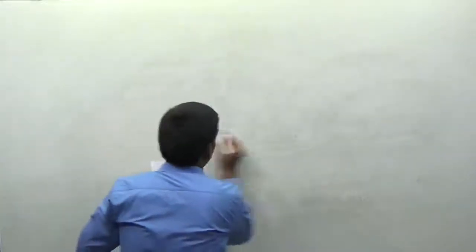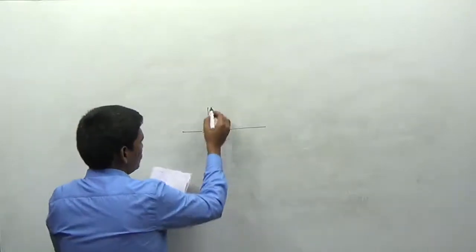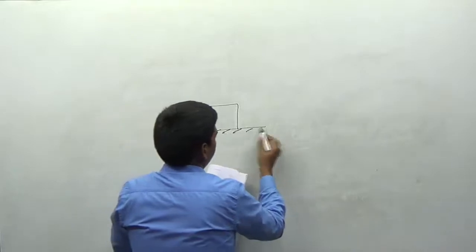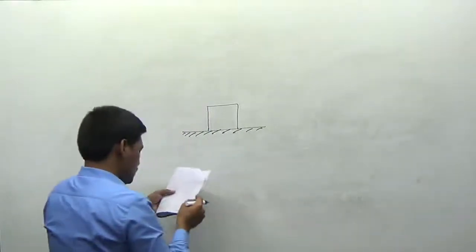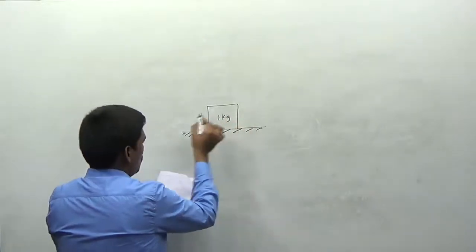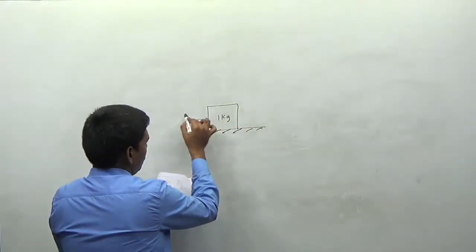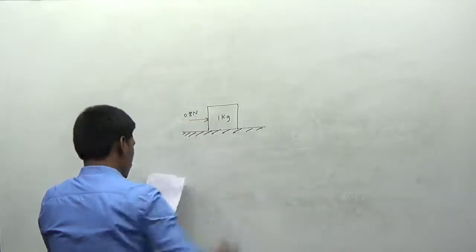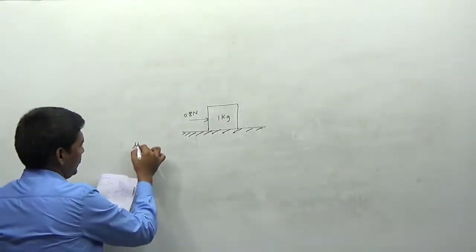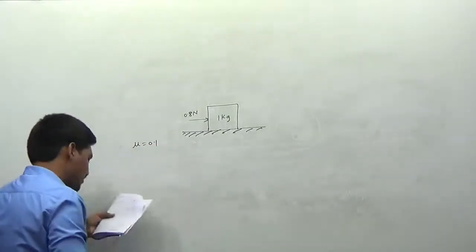Okay, now see here. I am drawing the figure; it is very simple, but it involves some concept here. Right. So this has a mass of 1 kg. On this mass of 1 kg, I am applying a force of 0.8 newtons. And the coefficient of friction at the contact surface, mu, is equal to 0.1, it is given.